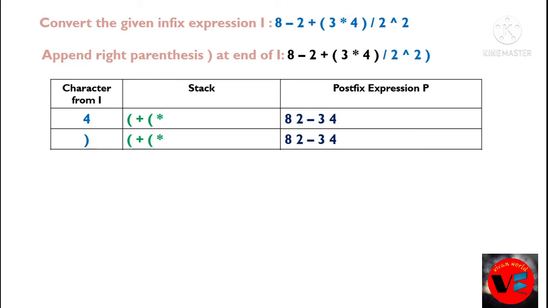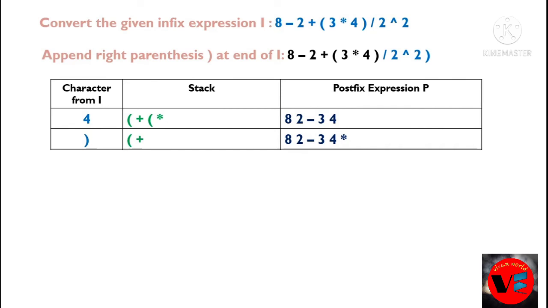So star will be popped and kept as a part of the postfix expression. Now there are no further operators that can be popped from the stack because next is a left parenthesis. So the left parenthesis has to be popped and removed from the stack.